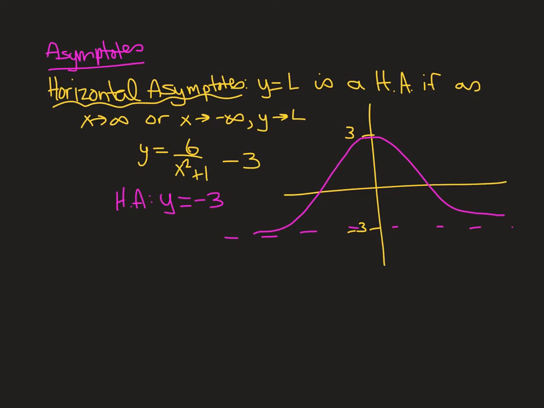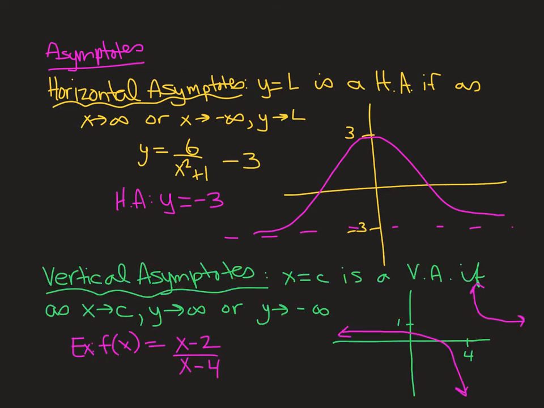By the way, you don't need to be able to graph this one by hand. This type of thing I'd probably give to you, and maybe you would have to graph it on Desmos or something like that. So here's an example where there is a vertical asymptote. There's actually also a horizontal asymptote. If I have f of x equals (x minus 2) over (x minus 4), I have a vertical asymptote at x equals 4.